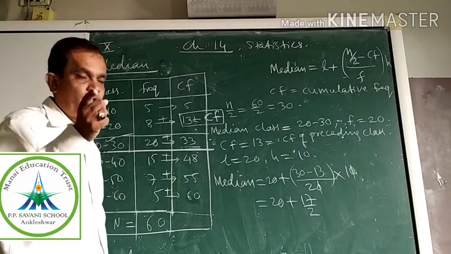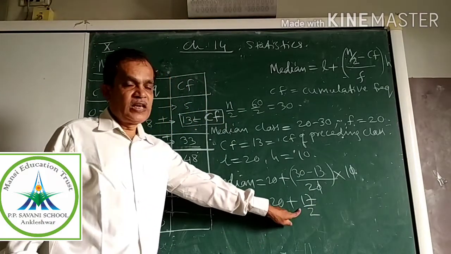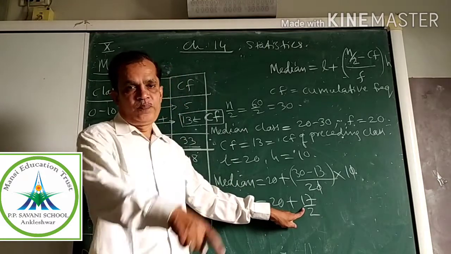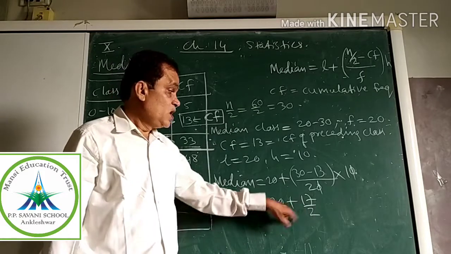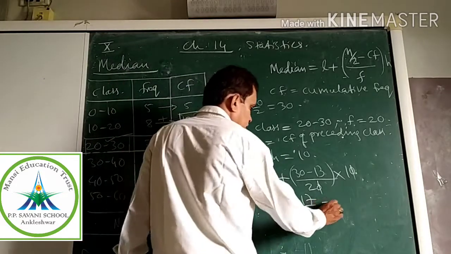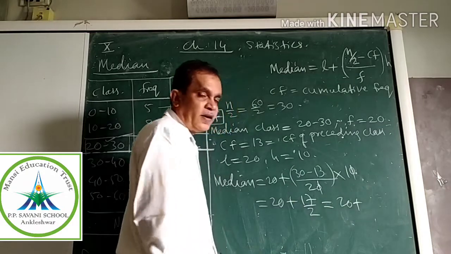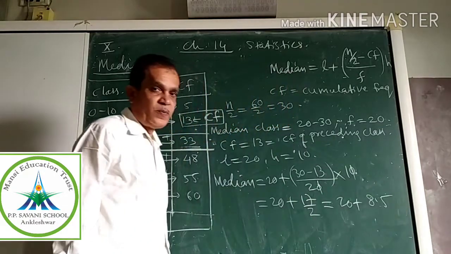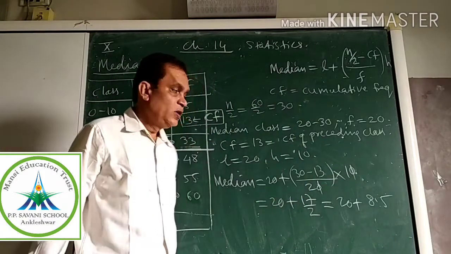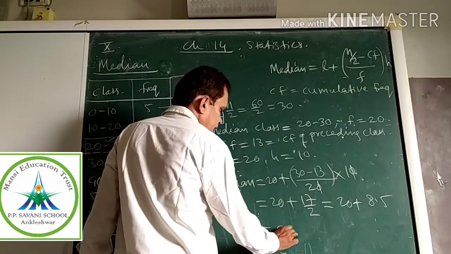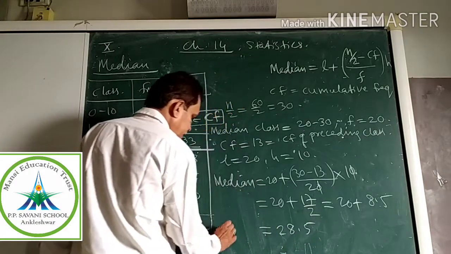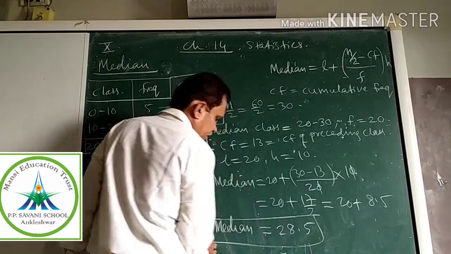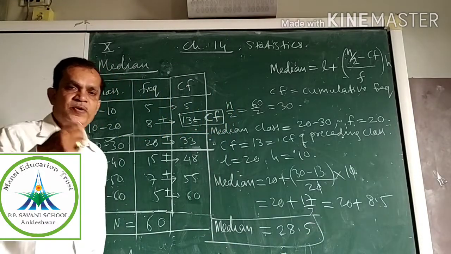And as I told you, in all these examples of mean, median, mode, convert fractions to decimals first. Don't find the LCM. 17 upon 2 is 8.5. So 20 plus 8.5 is 28.5. See, how simple? Very simple.